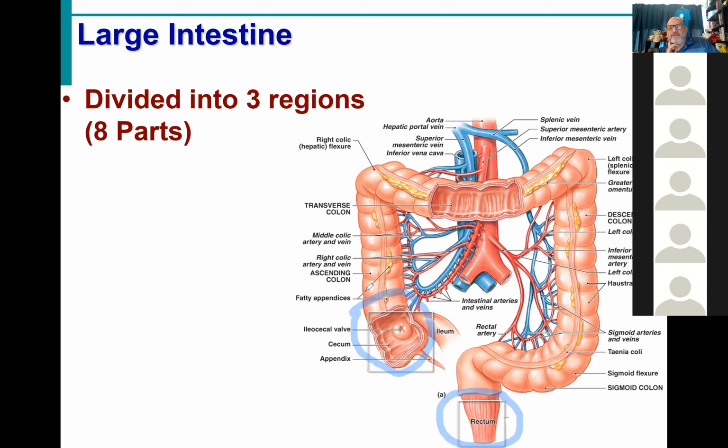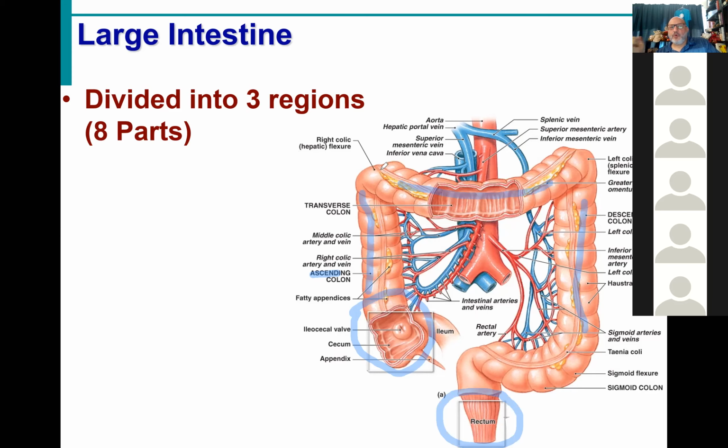We have the part of the colon that goes up the abdominal pelvic cavity, which of course is the ascending colon. We have the part of the colon that goes down in the abdominal pelvic cavity, which is the descending colon. We have the part that goes across the abdominal pelvic cavity, that is the transverse colon.